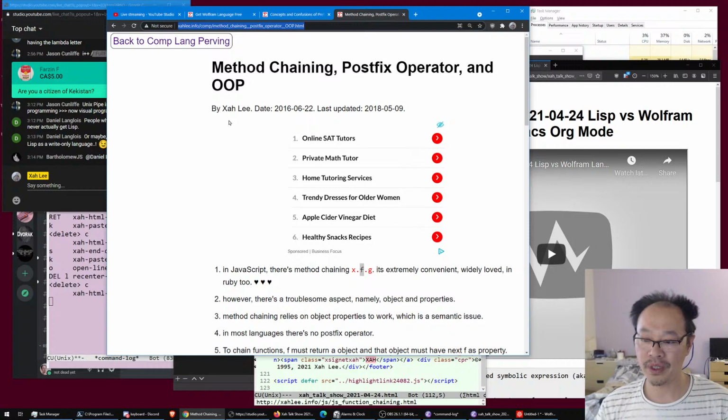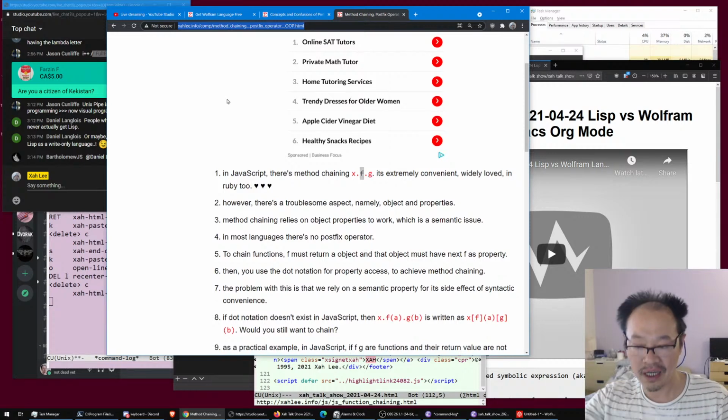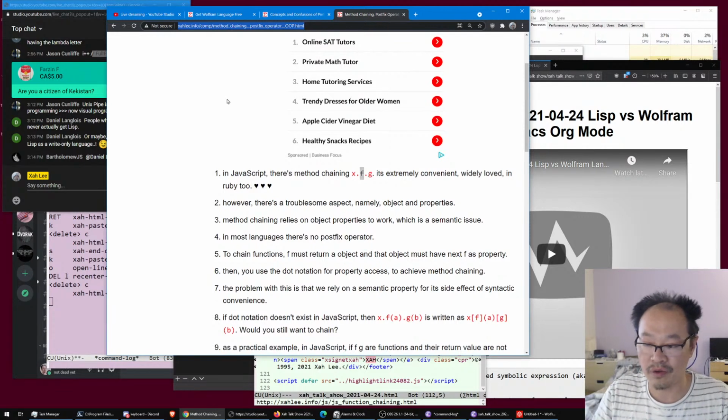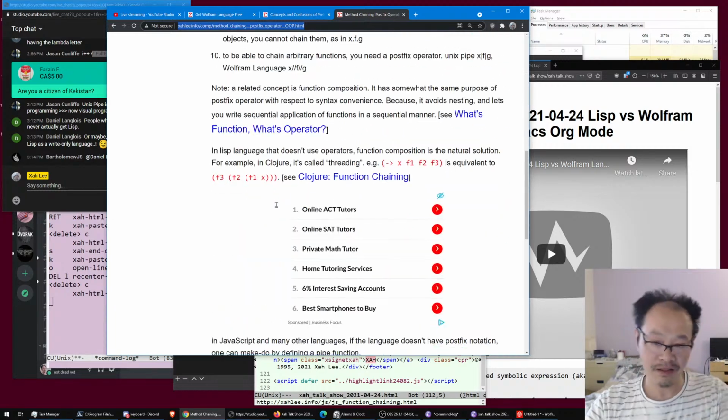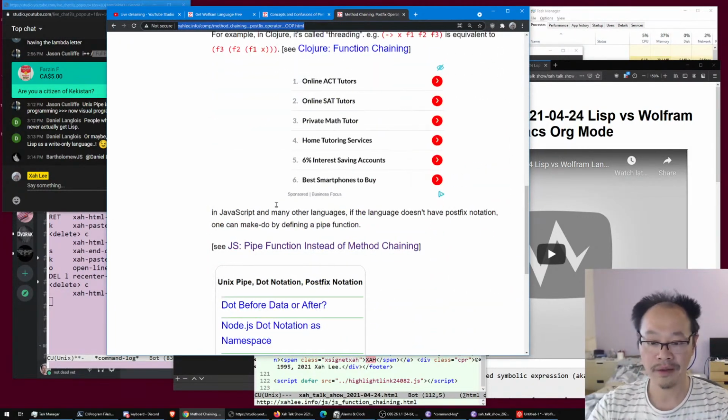It's similar, but it requires the OOP semantics. It requires that they return an object and have the next method. Otherwise, it just doesn't work. So that's what this article is trying to explain.